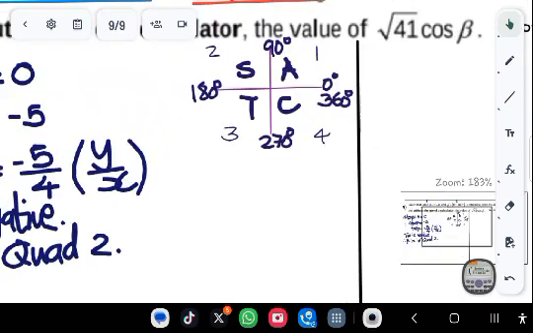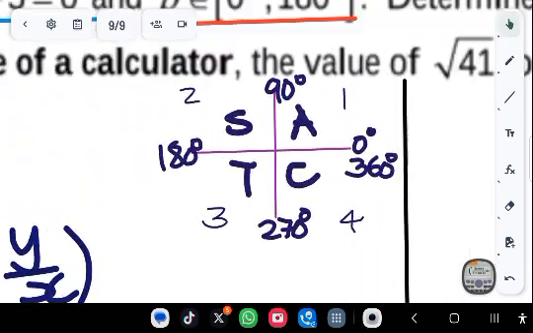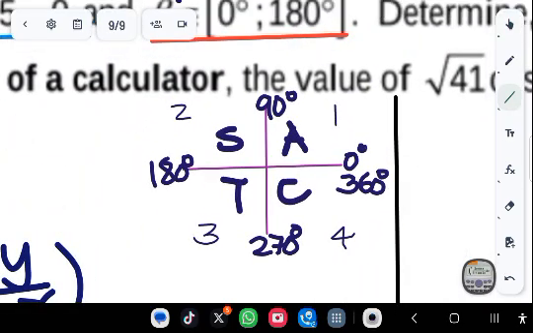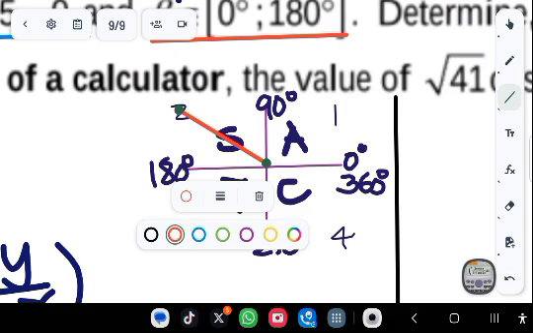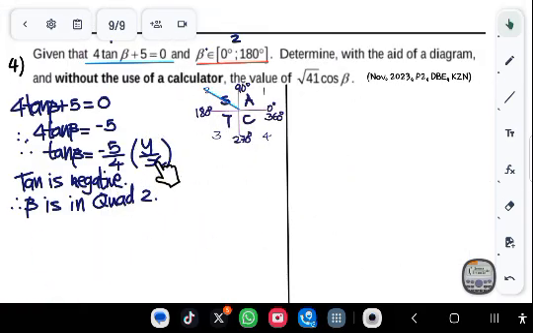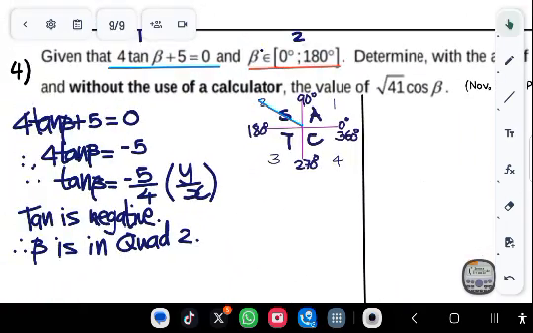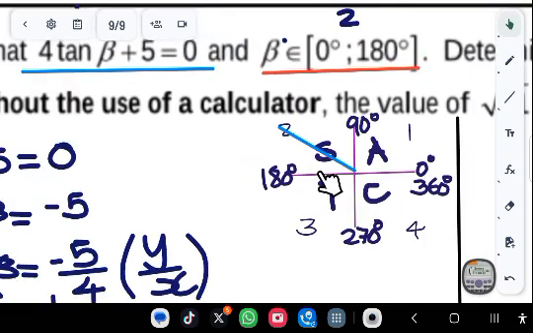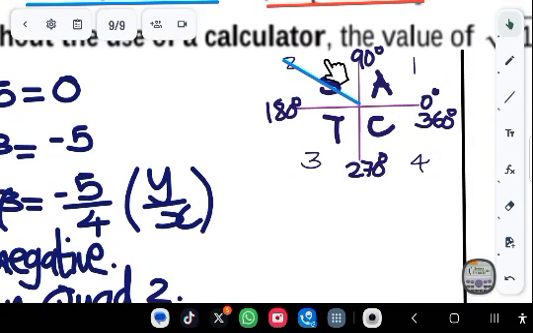Now you can draw the diagram. I'm just lazy to draw this again, so you can just draw that diagram. So this is the diagram. What information do we have? In this quadrant, notice that y is positive because it's above the x-axis.